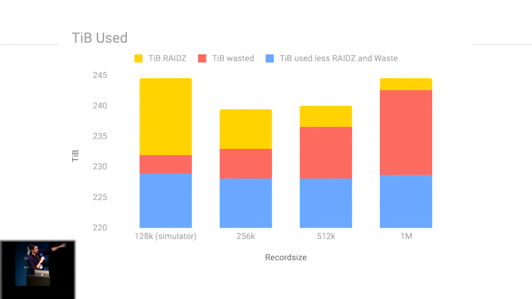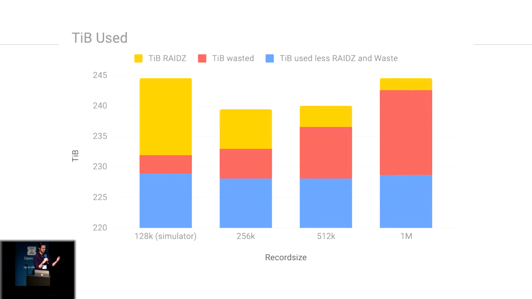But with the simulator, we could dynamically change the record size we were modeling with. The first run was 128K, just the default, but we could also simulate how much capacity would be used with a 1 meg record size. And that red section is the wasted space.